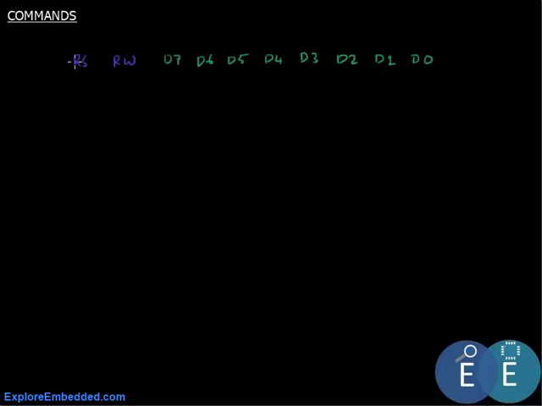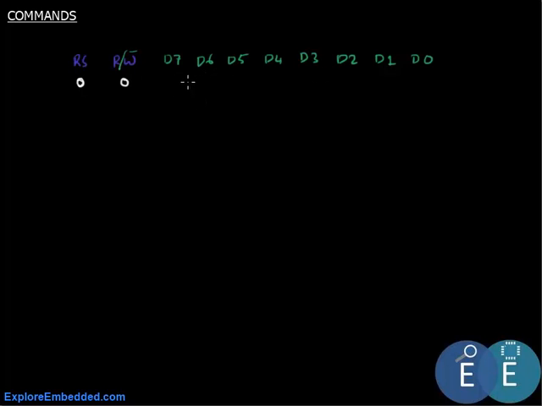From the previous discussion, since all these are commands that we send to the LCD, the register select would always be 0 while sending commands, and the read/write line will always be 0 since we are writing a command to the LCD.